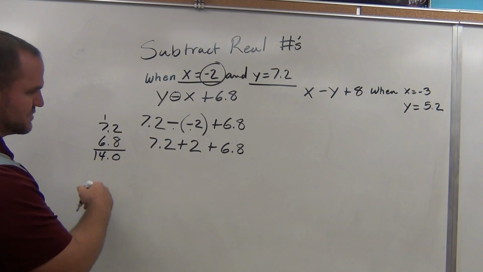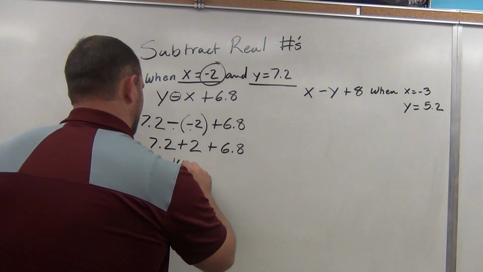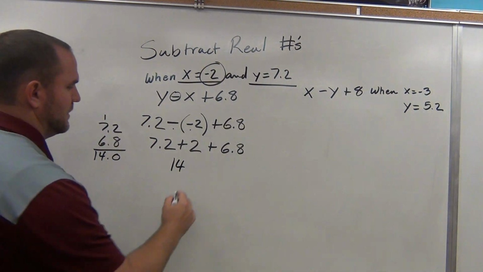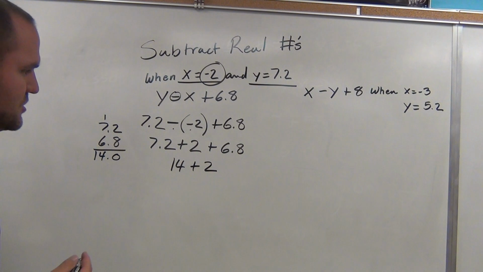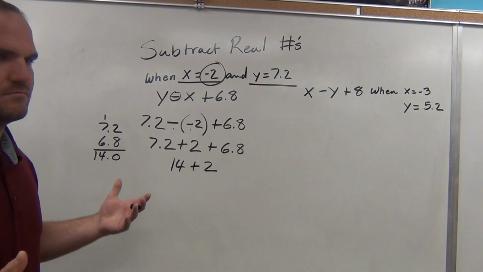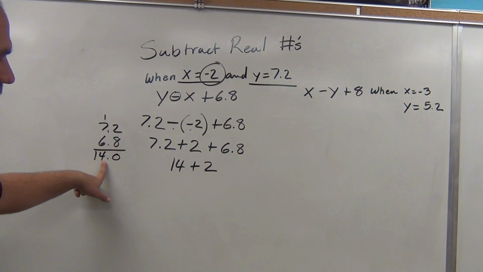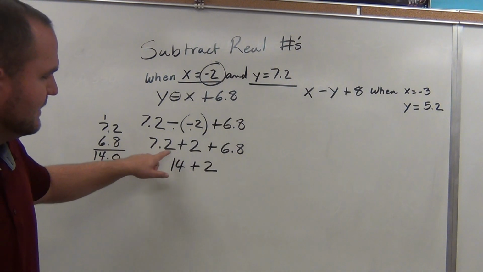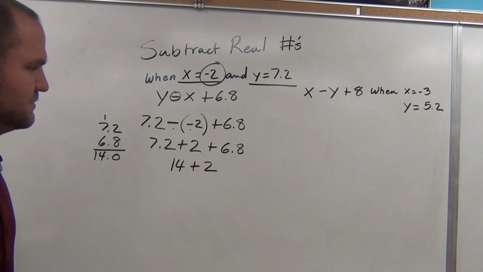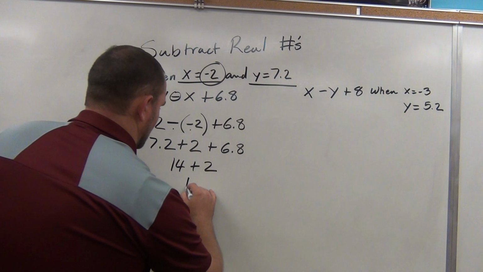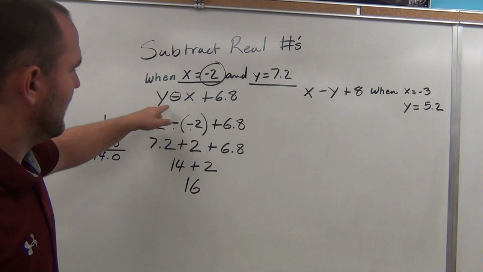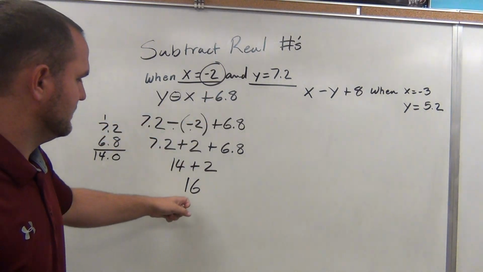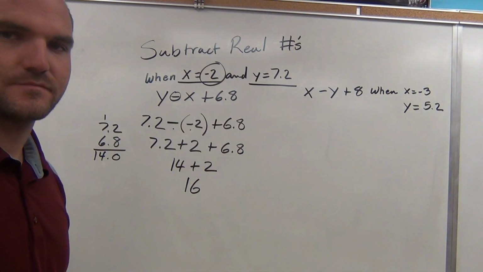And we can drop the decimal now that it's back to a number like that. The reason I put the decimals together and not the 2 is because I didn't know that these were going to equal 14. But adding this and then adding another decimal just makes it a little bit harder. So there we are at 16. So the answer to this, y minus x plus 6.8, is actually 16.